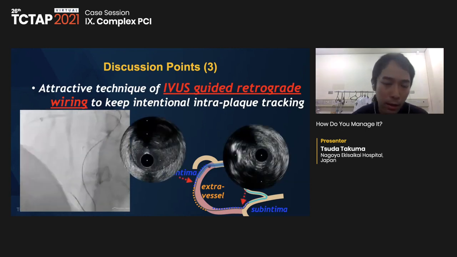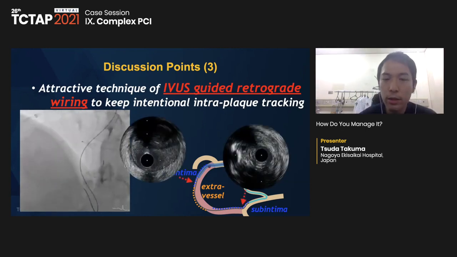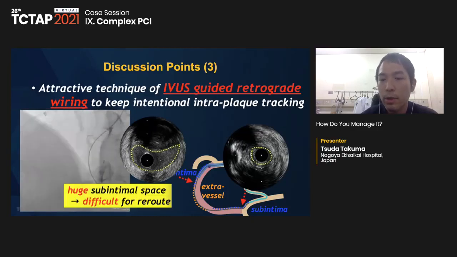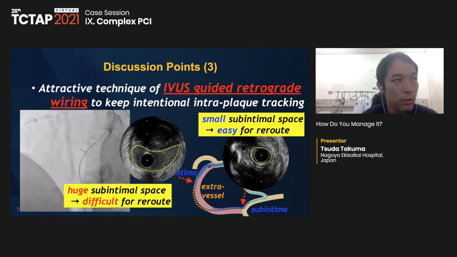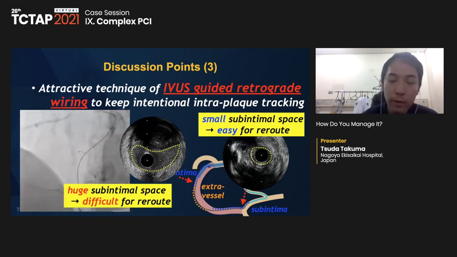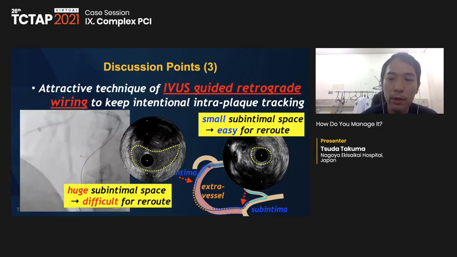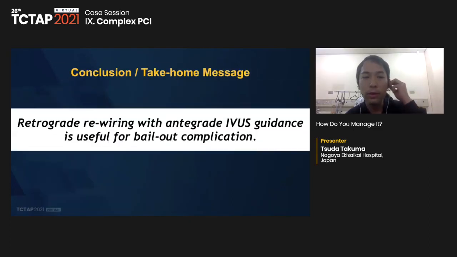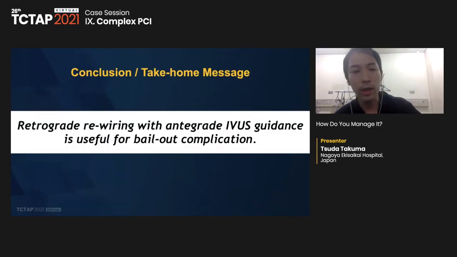In this situation, a huge antegrade dissection occurred. However, the distal part of the CTO had less trauma, so we can get more controllability of the guide wire from the retrograde. So retrograde rewiring with antegrade IVUS guidance is useful for this complication.